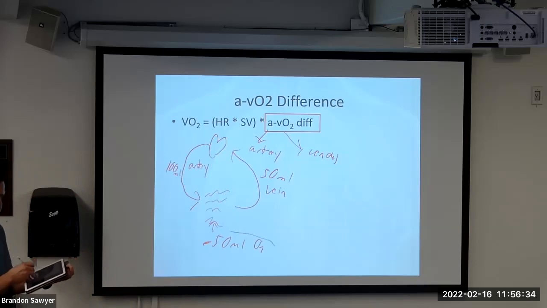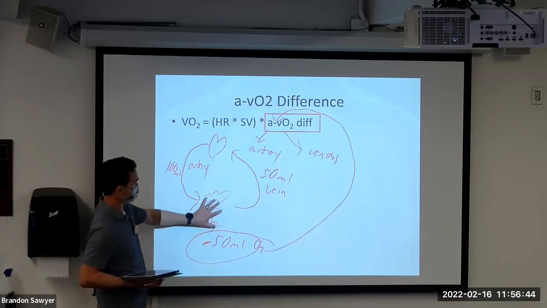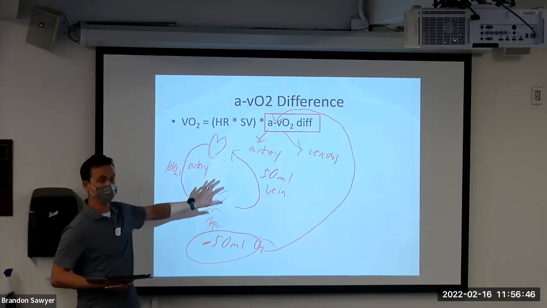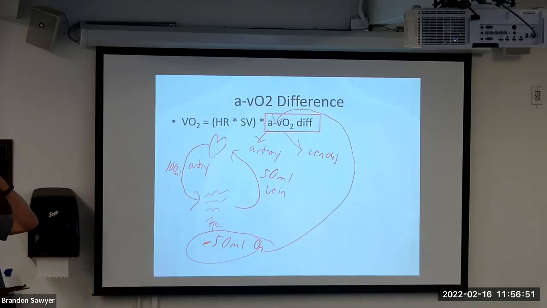That's what the AVO2 difference means: the difference between how much oxygen is in the arteries versus how much is in the veins. This is really going to be dictated by how much oxygen can diffuse out of the capillaries and be used by the mitochondria. That's what you'll get into with some of the stuff you study for the quiz. I just wanted to draw that so you can conceptually see what that's talking about.